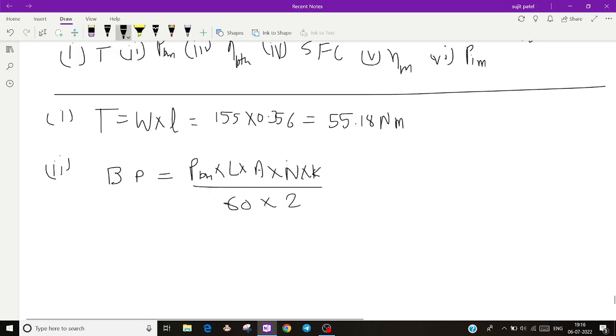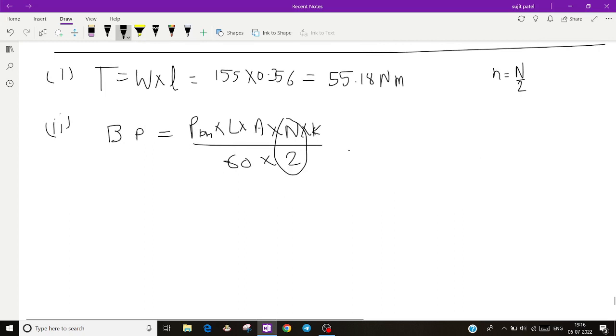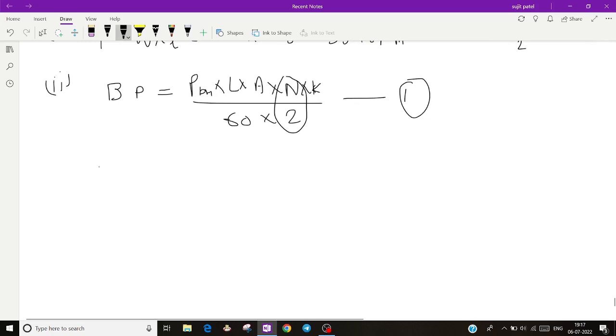Why here N by 2? Because the Morse test is only conducted for a multi-cylinder 4-stroke engine, and we know that for a 4-stroke engine the effective RPM will be capital N by 2. But we don't have the value of brake power, so say this is equation number 1. Now how can we find the brake power?